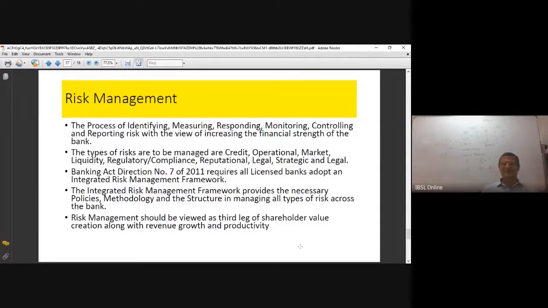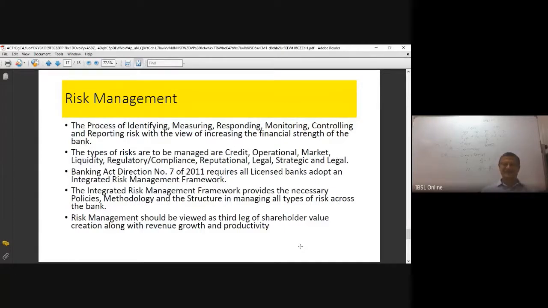Now, to do that, you need to know the type of risk you are going to manage, which we have already studied, because the types of risk to manage are credit, operational, market, liquidity, compliance, and so on. Now, just before coming to this slide, on the regulatory side, I gave you a homework. That homework is on this slide.